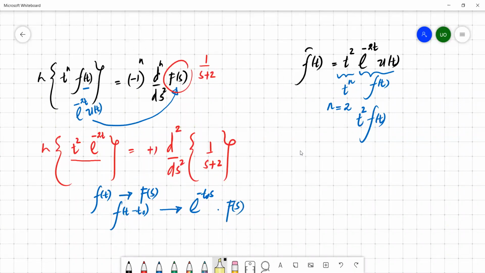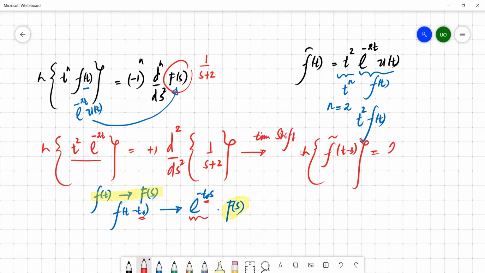So the Laplace transform of f(t) is just multiplied with this prefactor e to the power minus t naught s, where t naught is the time shift. Applying this property of time shifting, you can get the Laplace transform of this f tilde (t minus 3) by adding e to the power minus 3s in front.